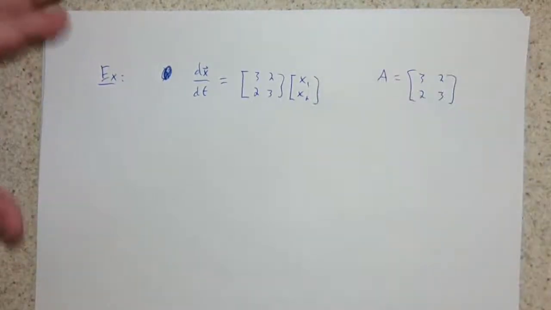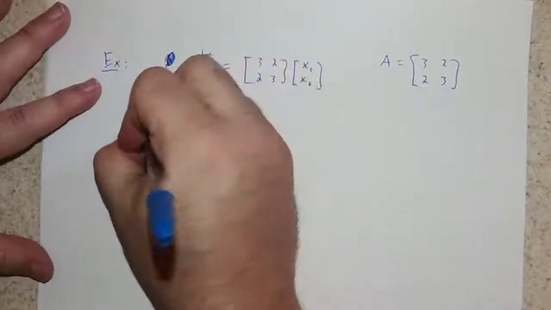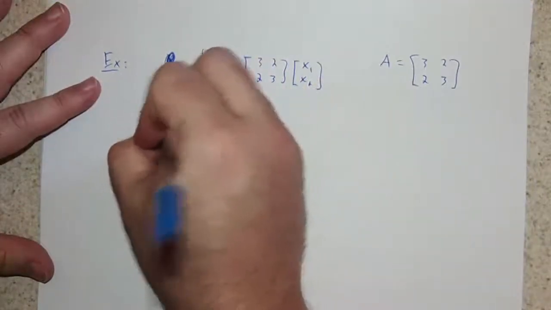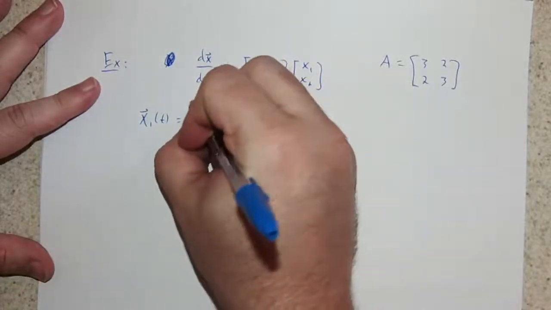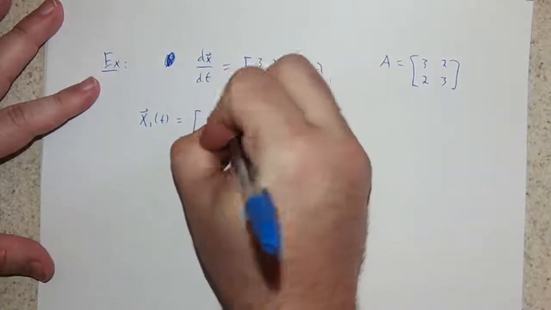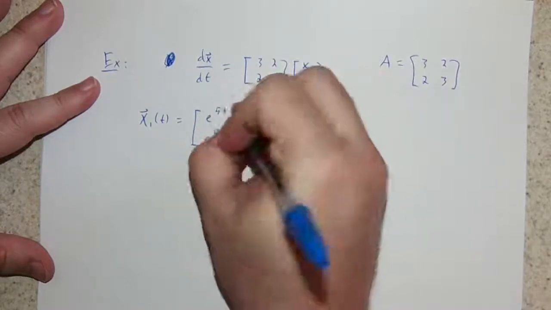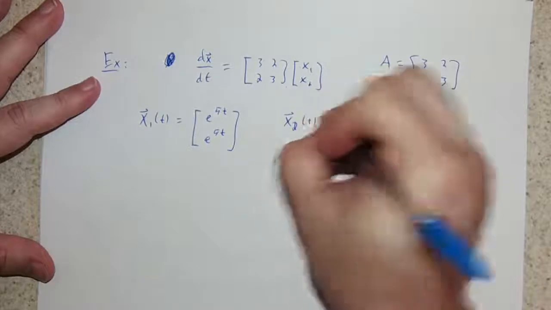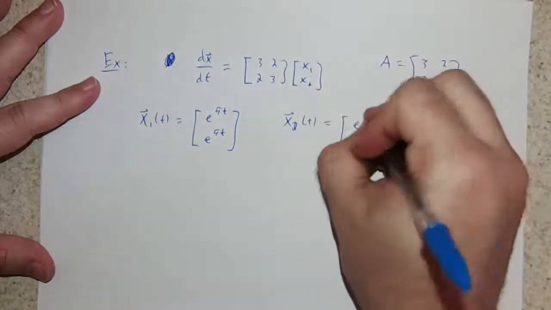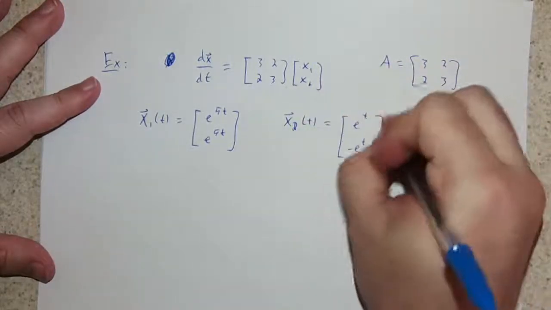Here's my system. We already saw that there were two nice families of solutions. One was what we called big X sub 1, so it's e to the 5t in each slot, and big X sub 2 was e to the t, minus e to the t.